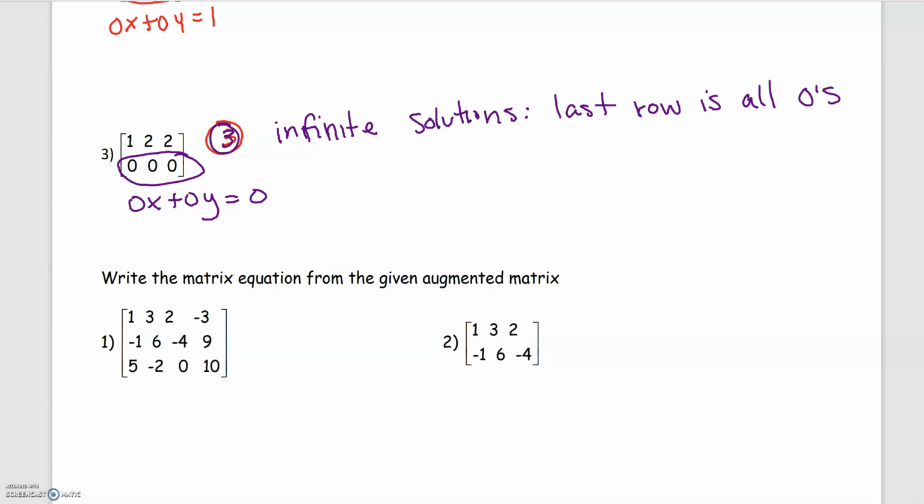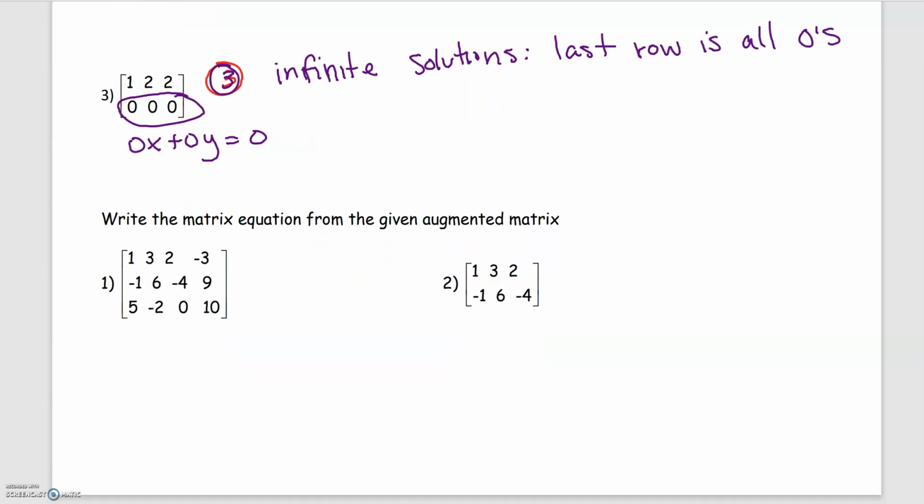So what we're going to do is take a look at this matrix equation here, and remember that we have x, y, and then this one has a z, and then these are all of our constants in that last column. This is a 3 by 4. So what this would actually look like if we had the equations would be x plus 3y plus 2z equals -3 for that first row.